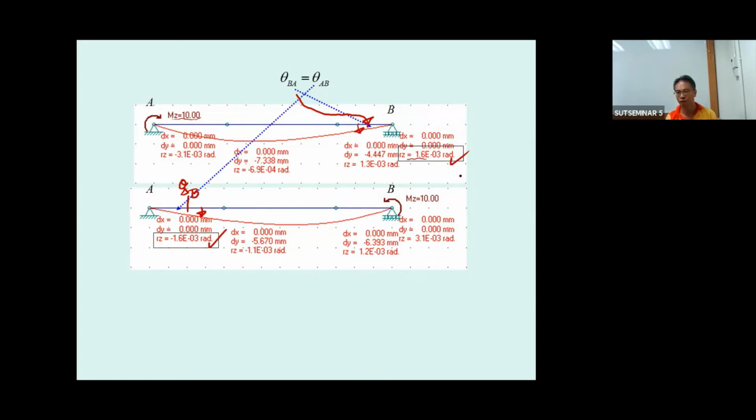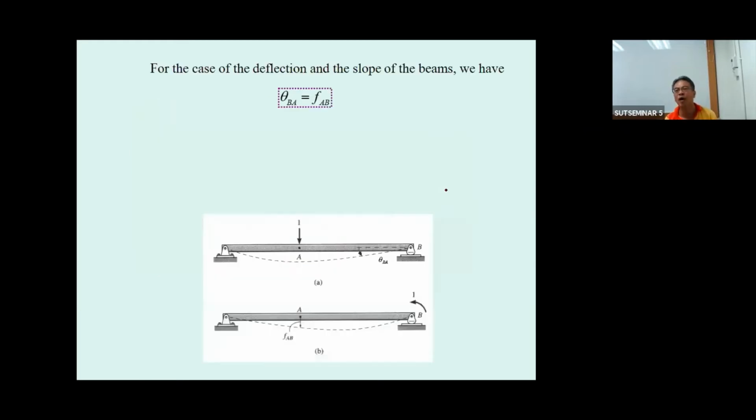So proof. And the Maxwell reciprocal theorem also applies for this case, for the slope and vertical deflection.